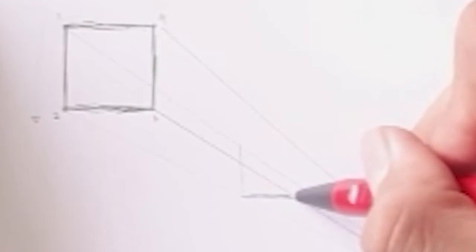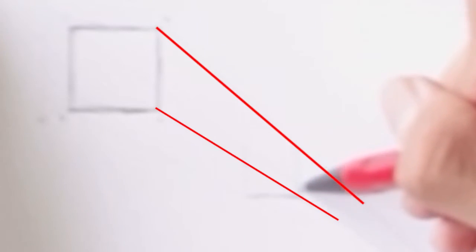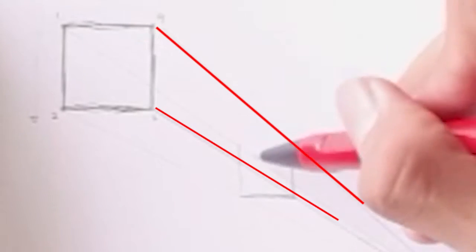It's here. This is 3. And then 3 to 4. This is the third line, and this is the fourth line. So I'm going to pass through here. And then 4 to 1.